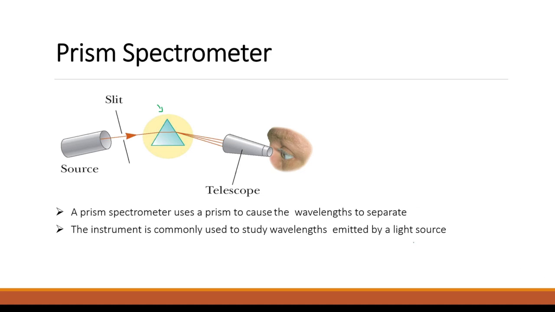This instrument is used practically to study wavelengths emitted by light sources, as well as looking at the individual wavelengths of the colors in the spectrum. When we have them broken up into spectral lines, it's used to determine the composition of a material based on the pattern of the spectral lines in the colors.